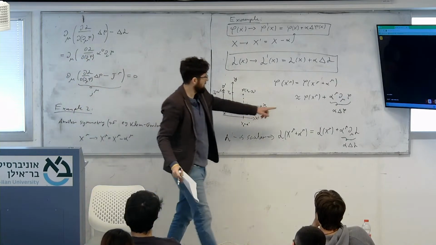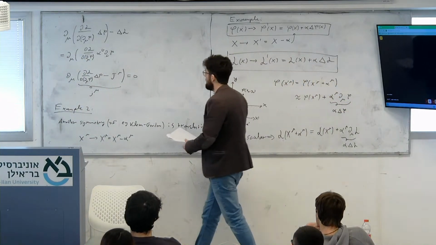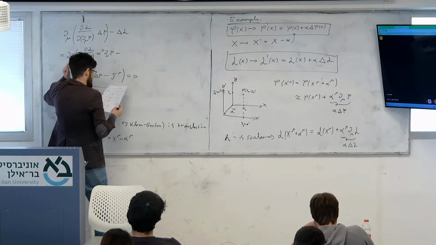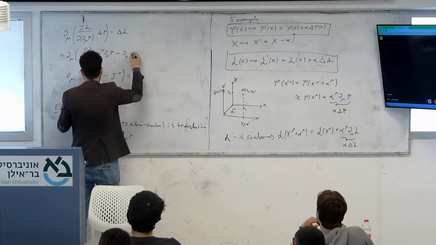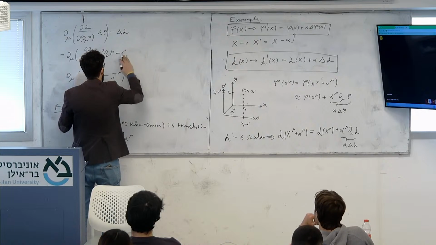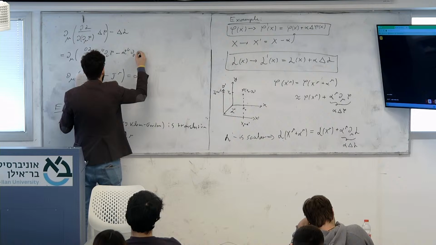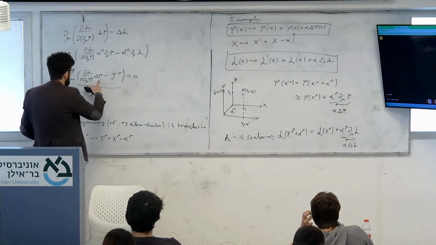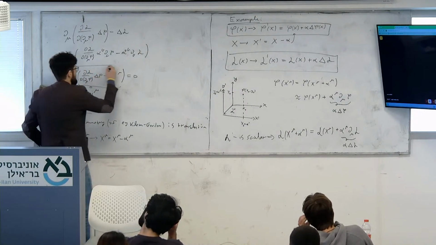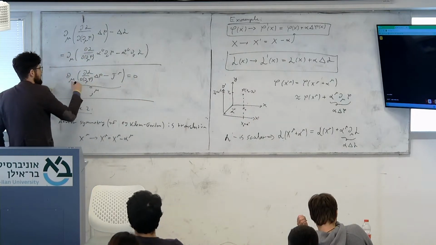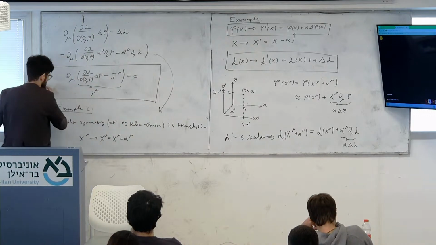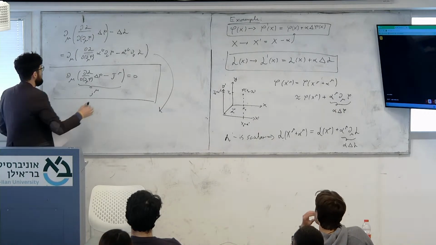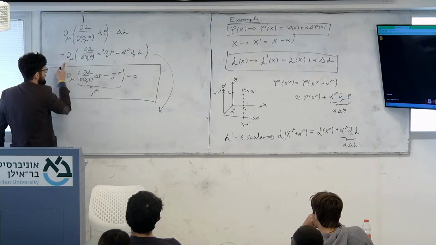Now I plug this delta in, alpha, and I have minus ∂_ν, again α^ν ∂_ν L. Okay, so now to make a connection with this equation, I want to take out this alpha.